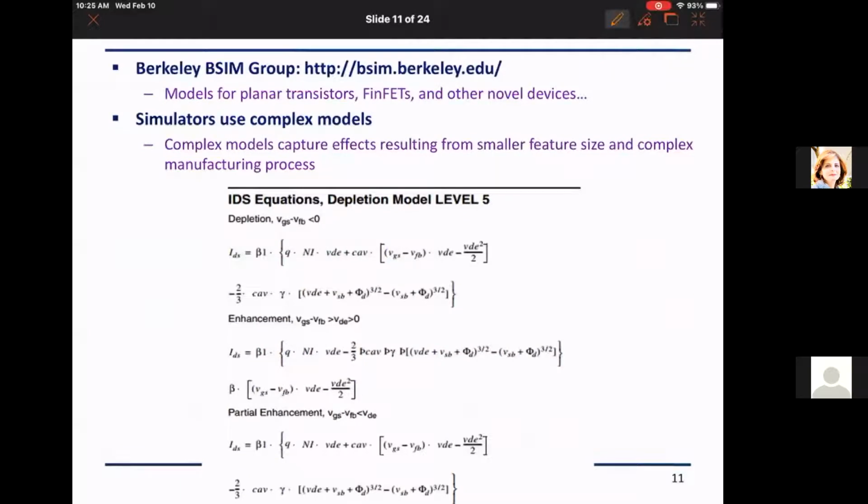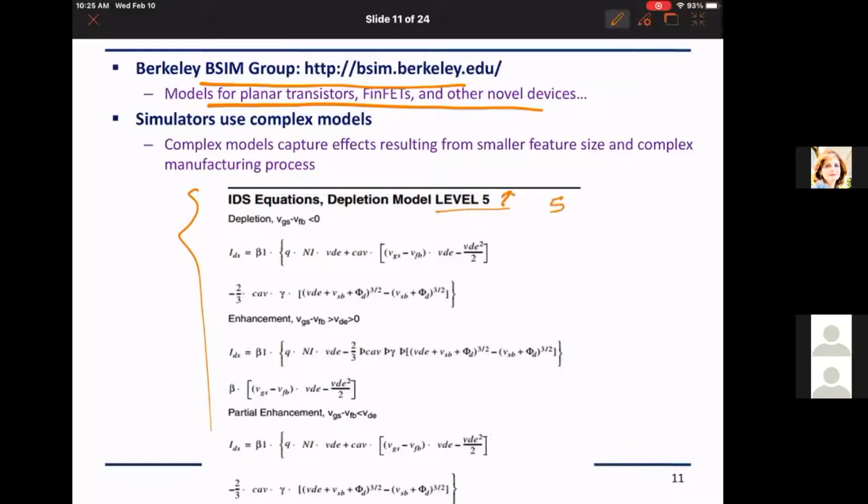Now in real life, the Berkeley BSIM group works a lot on these models, and they have models for the planar, FinFET and other devices, and they have these very complex equations that are pages of equations. So the higher the model level gets, now we work in level 50 plus, the larger the set of equations it is, and really we now have IDS equal to a function of the bias, but in this function I will have a lot of parameters and equations.